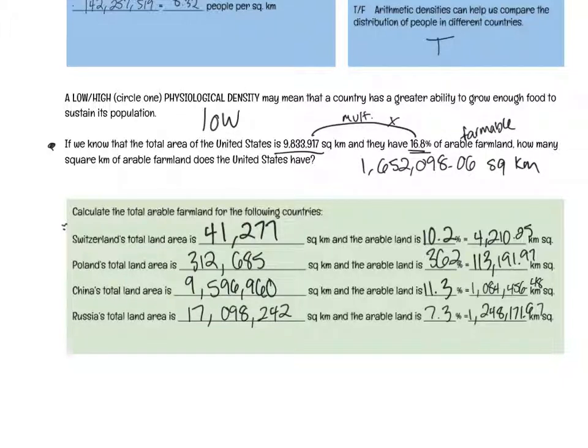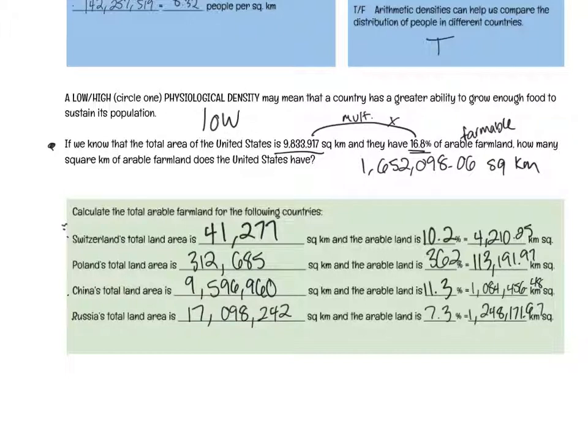If these countries have a lot of people in them, you really want that arable farmland to be big. If they have a large population or their physiological density is really high, you need to make sure that you can support all of the people in your country. So it all goes hand in hand.